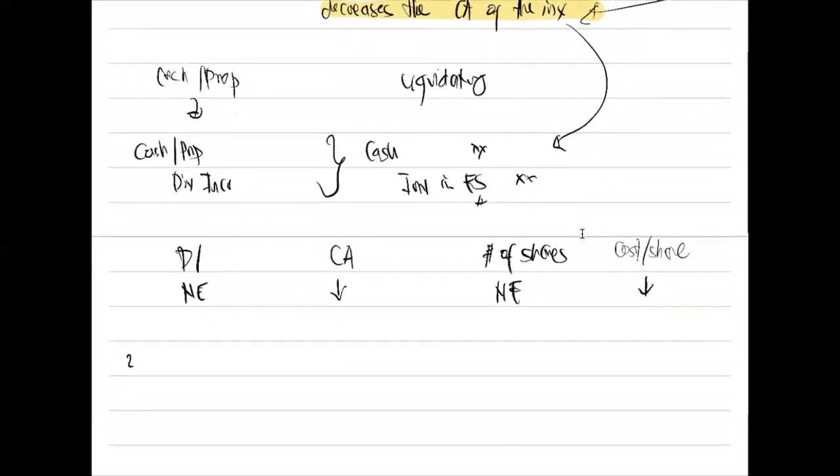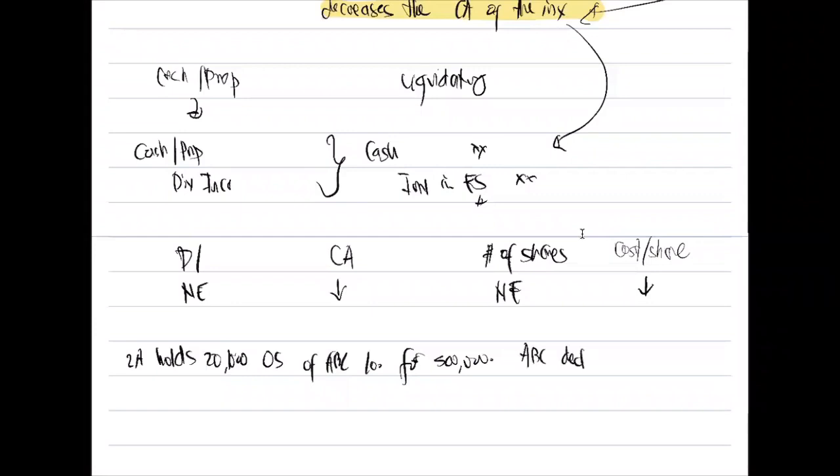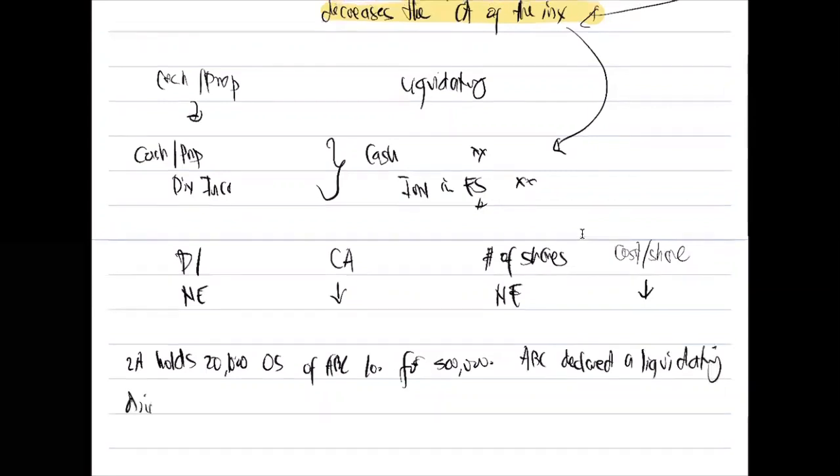So for example, 2A holds 20,000 ordinary shares of ABC company for 500,000 pesos. ABC declared a liquidating dividend to 2A amounting to 100,000 pesos cash.